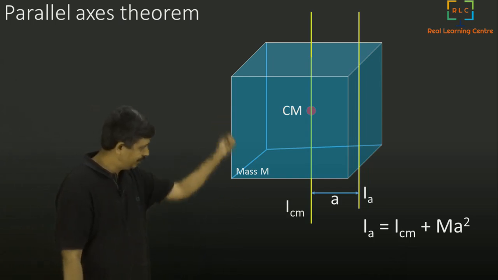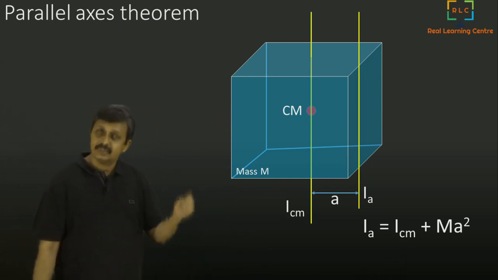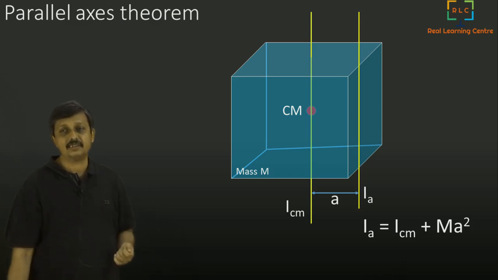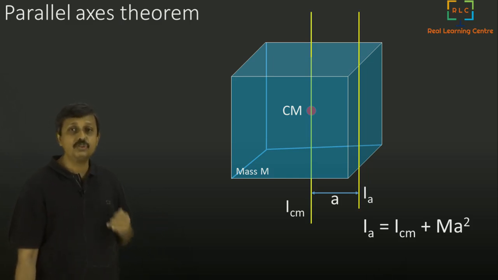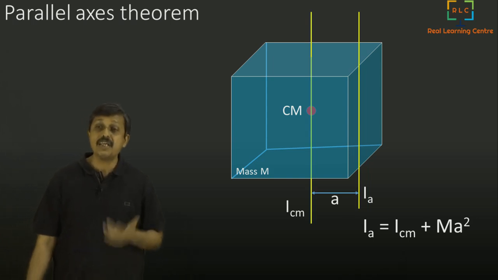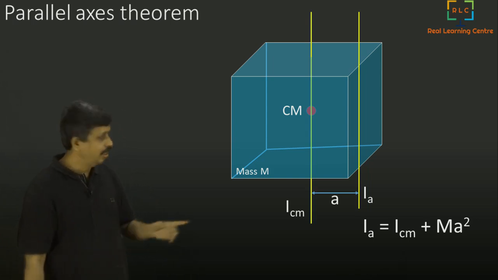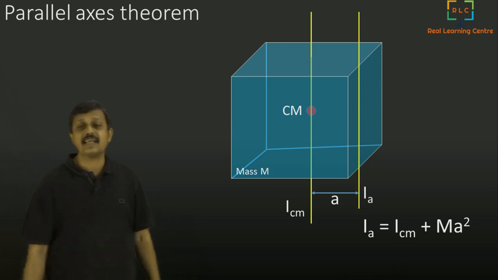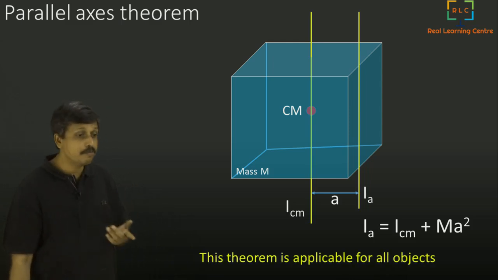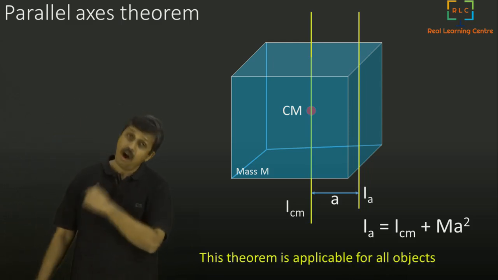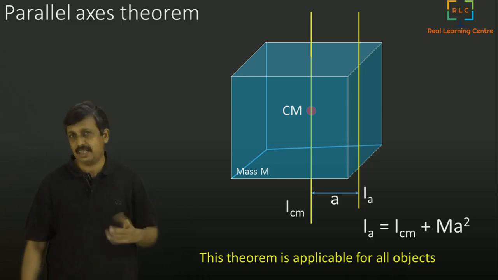The center of mass axis is this, and from there the distance is a. That distance square you add, M a square. If you do that, you will be able to calculate the moment of inertia about that axis. What is important here is this theorem is applicable to all objects. It need not be planar objects. Any object, it is applicable.